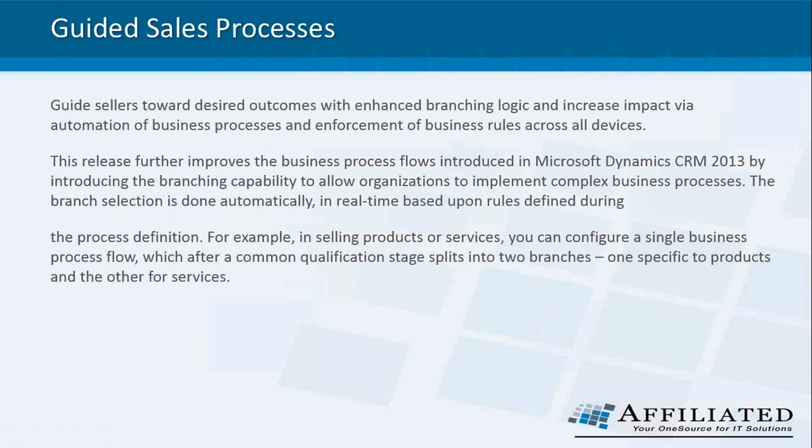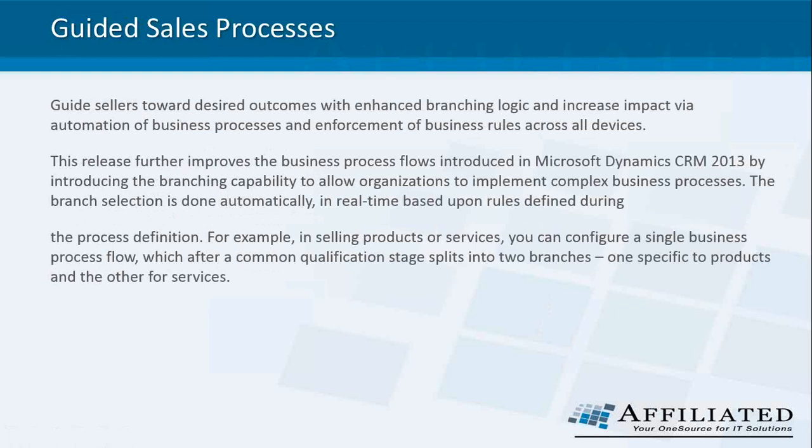For those familiar with the guided process in CRM, it was very robust. It allowed you to go from leads to opportunities. You had your stages, you had your steps, but it had some limitations. One of the improvements is, for example, if you have a specific division or a product within your organization that you wanted a different process for.